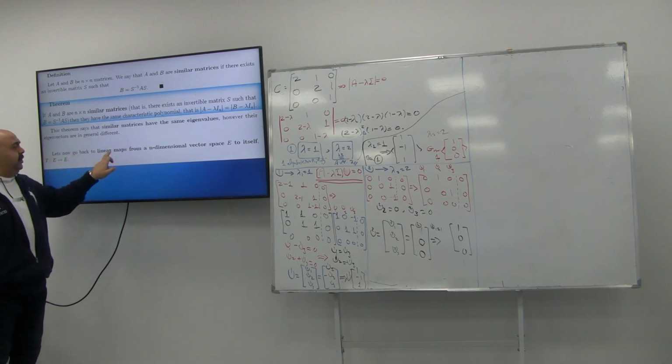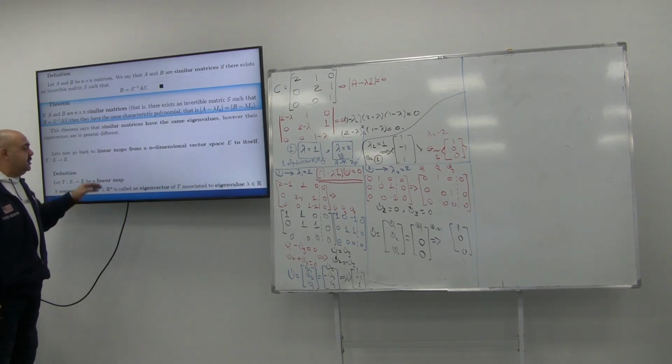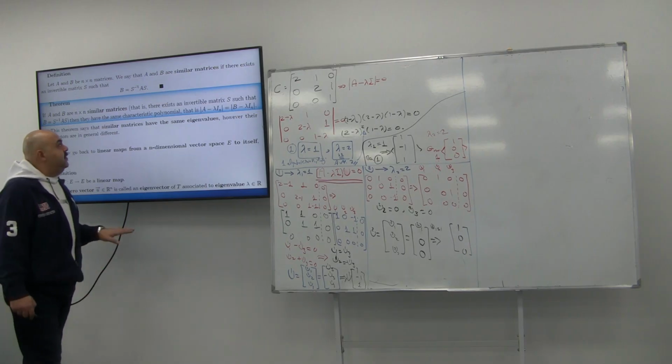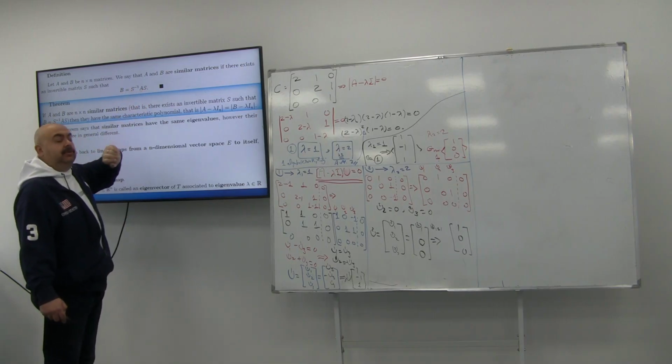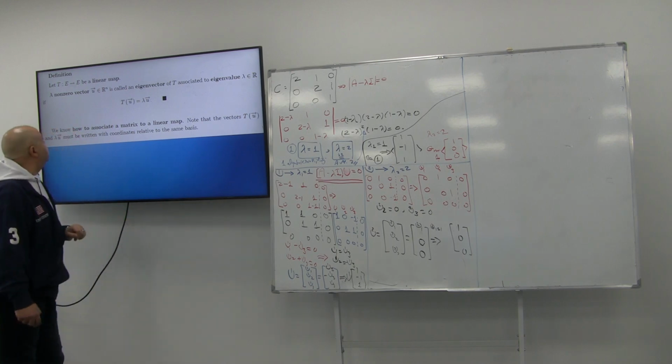Let's now go back to linear maps from n dimensions, and we will introduce the matrix. All of this is an introduction on how to get the U matrix, the matrix responsible for getting a similarity, and not just this, but also the diagonalization that we will see.